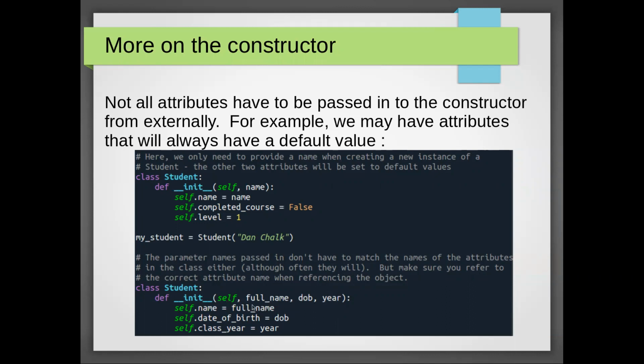But they may not match the names of the attributes that you want to store. So I may have an attribute called name that is going to store this full name thing here. I may have an attribute called date of birth, so that when I have my student object, it's actually got an attribute called date of birth, but the thing that's going to be stored in there is this thing here, dob, that was passed in. So they don't have to match.